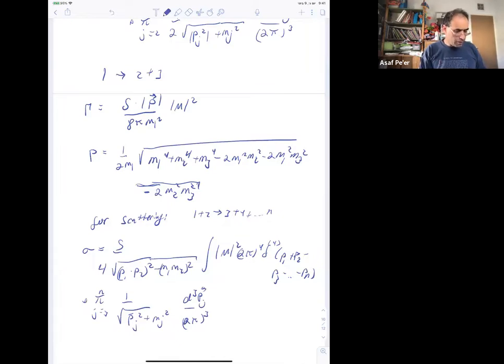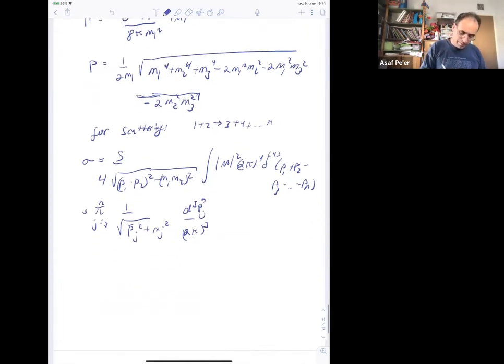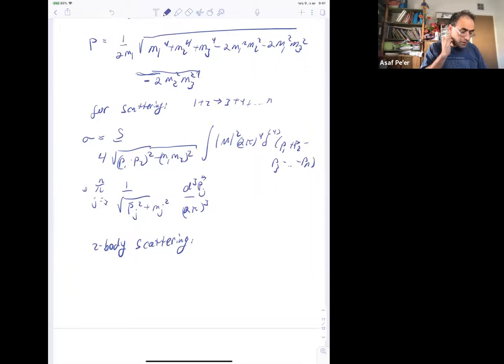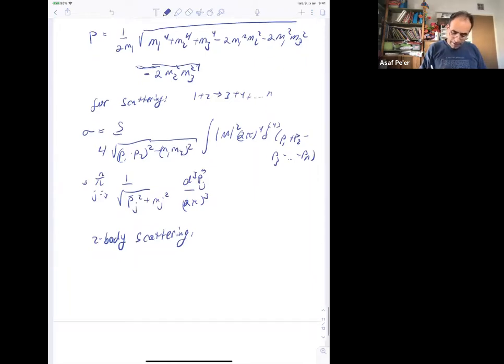And when we spoke about two-body scatterings, that basically means that we're starting with 2 particles and we're ending up with 2 particles.